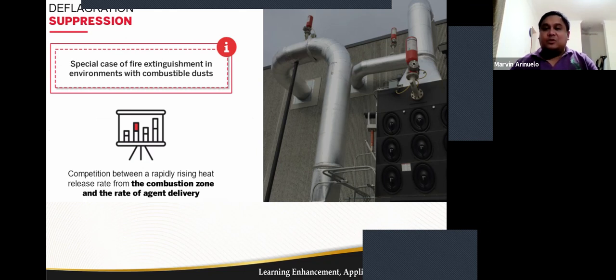And deflagration suppression is a special case of fire extinguishment and may be viewed as a competition between a rapidly rising heat release rate from the combustion zone and the rate of agent delivery. Deflagration is a primary concern in an environment where combustible dust and particulates or other flammable vapor may become ignited.